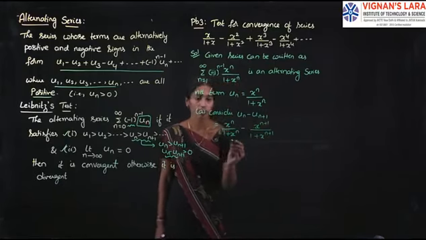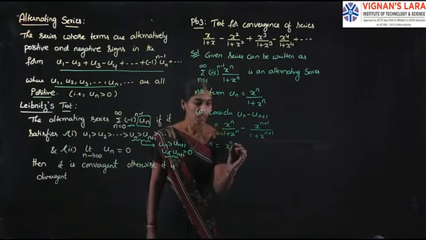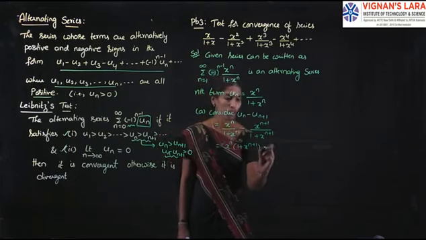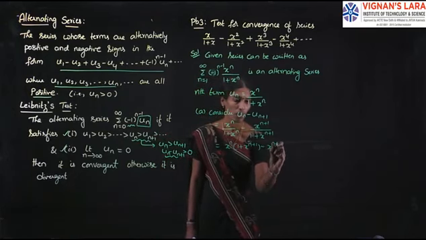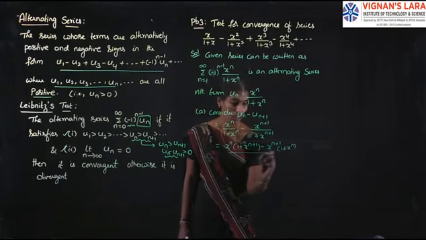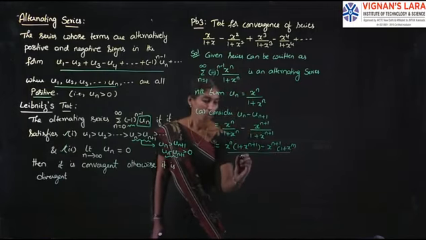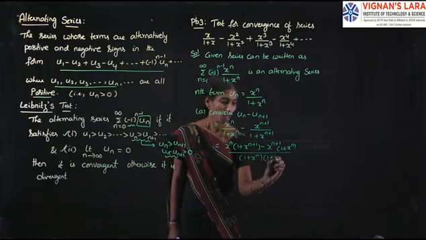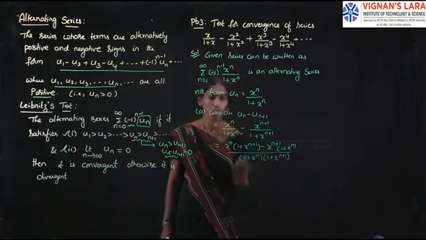Apply the LCM here. X power n into 1 plus x power n plus 1 minus x to the power n plus 1 into 1 plus x to the power n, by 1 plus x power n into 1 plus x power n plus 1.